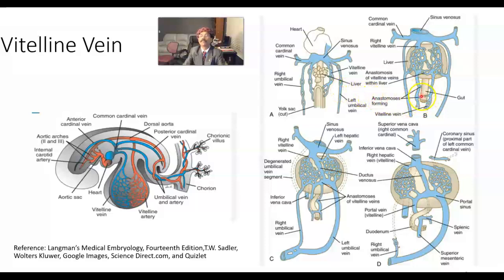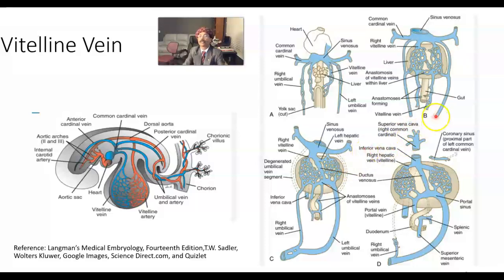Around the duodenum we have anastomoses between the left and right vitelline veins: the superior ventral, middle dorsal, and lower ventral anastomosis. The duodenum also changes its shape and rotates.